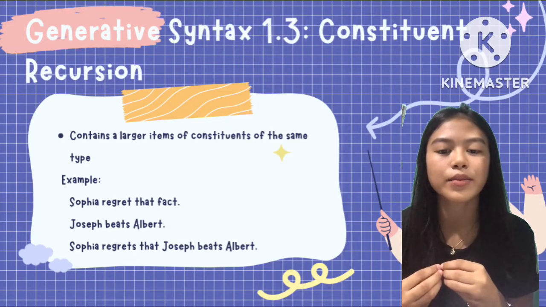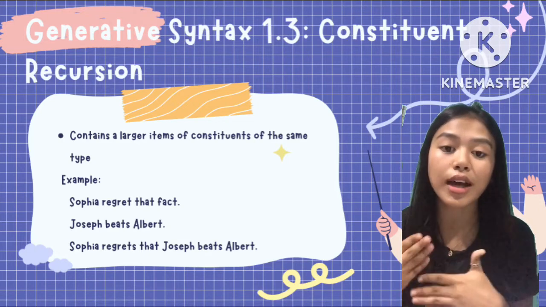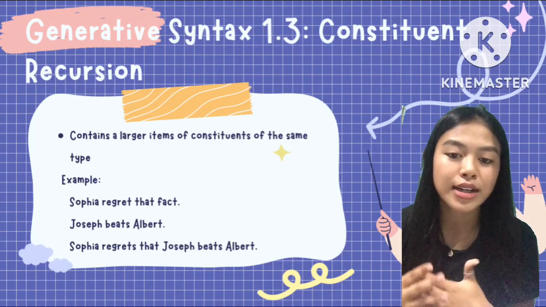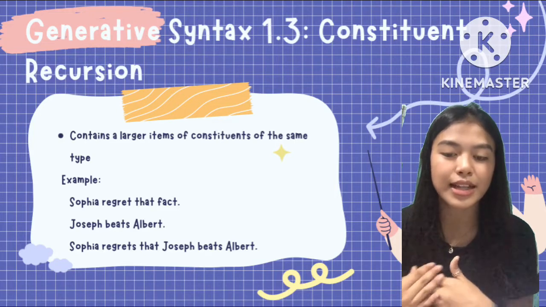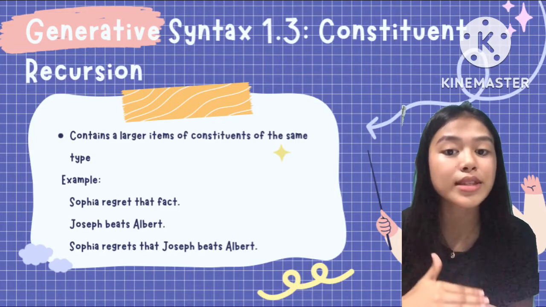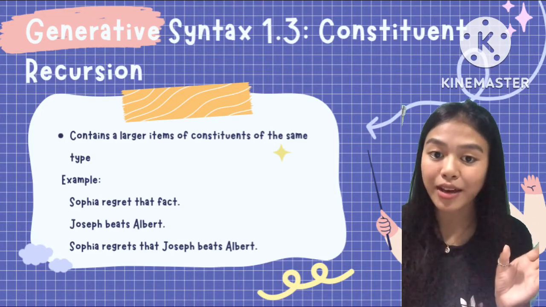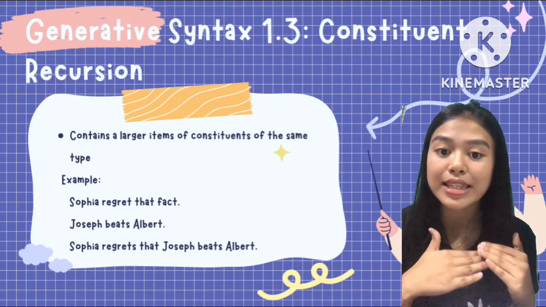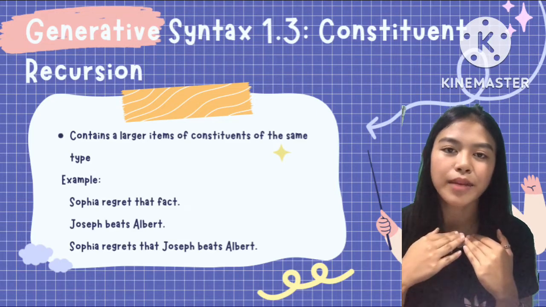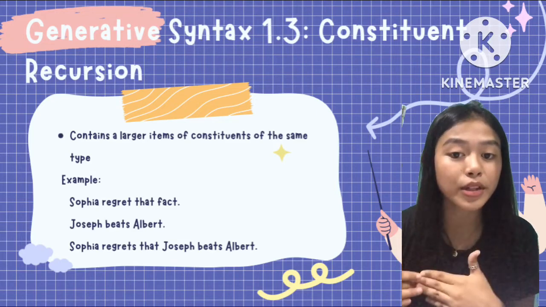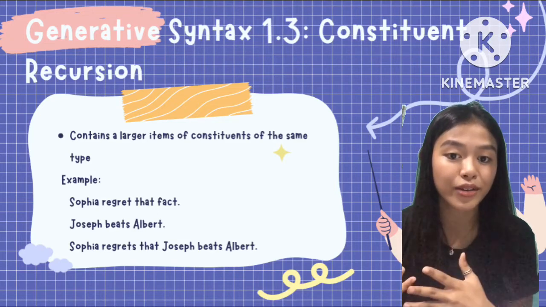Next, we should apply another sentence. Let's have Joseph beats Albert. Joseph there is a noun, beats is a verb, and Albert is a noun.